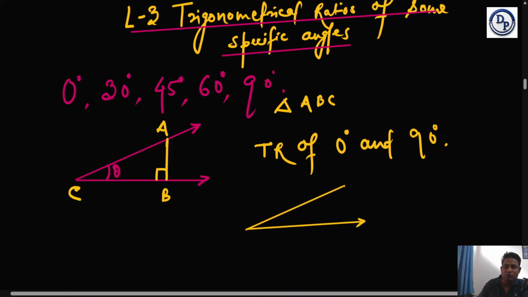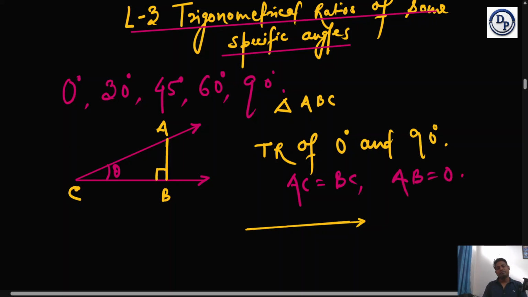So in this case, when the angle becomes 0, AC becomes equal to BC, and AB becomes 0. Do you agree with that?